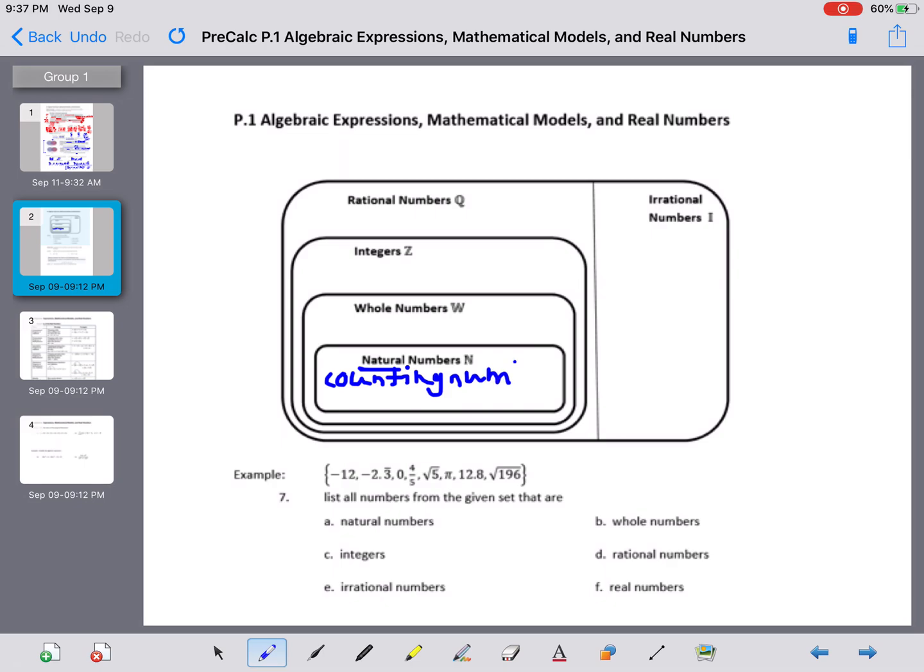So if you think about when you find things in nature, now this is going to seem silly, but if there were nothing of something in nature, we don't even know it exists. Which means if it appears in nature, it has to start out with the number 1. We can't count 0 of something that we don't know exists, so we have to start with 1. So my natural numbers are like 1, 2, 3, and so on, right?